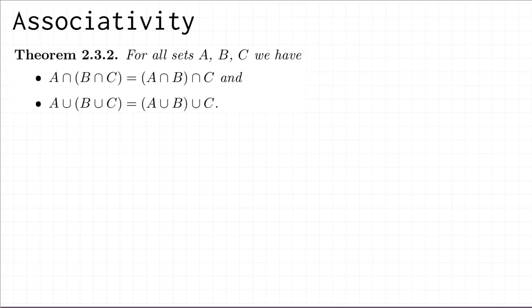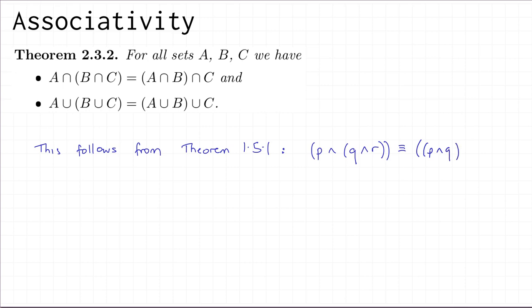So this follows in the same way from, in fact, the same theorem, 1.5.1, where it's shown that if we have P and Q and R, then that is logically equivalent to P and Q and R, with the brackets grouped differently.